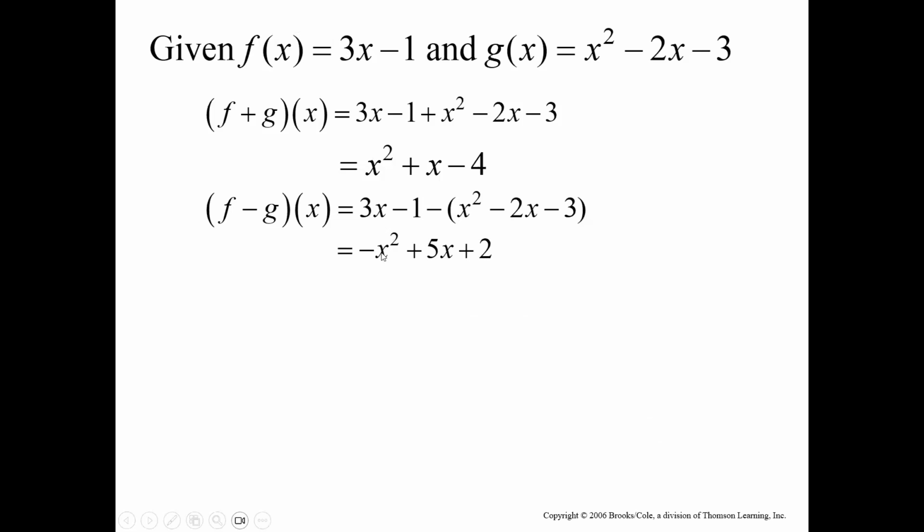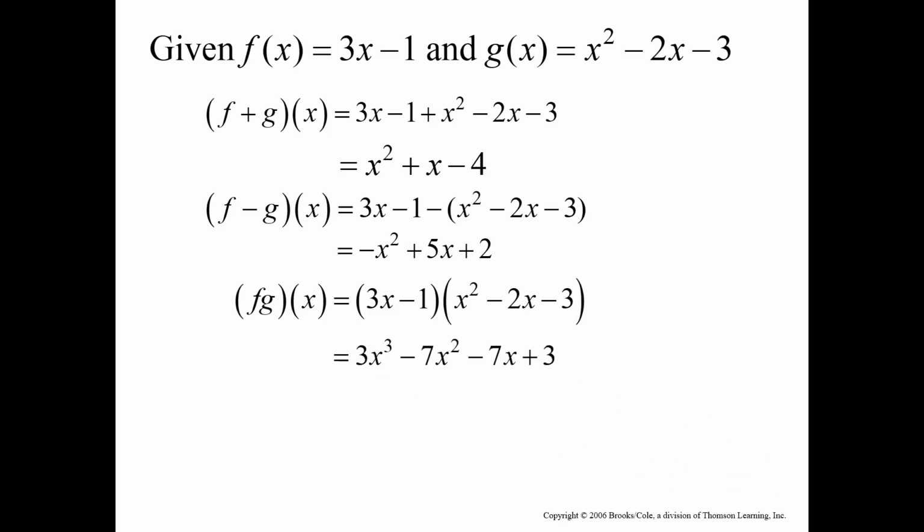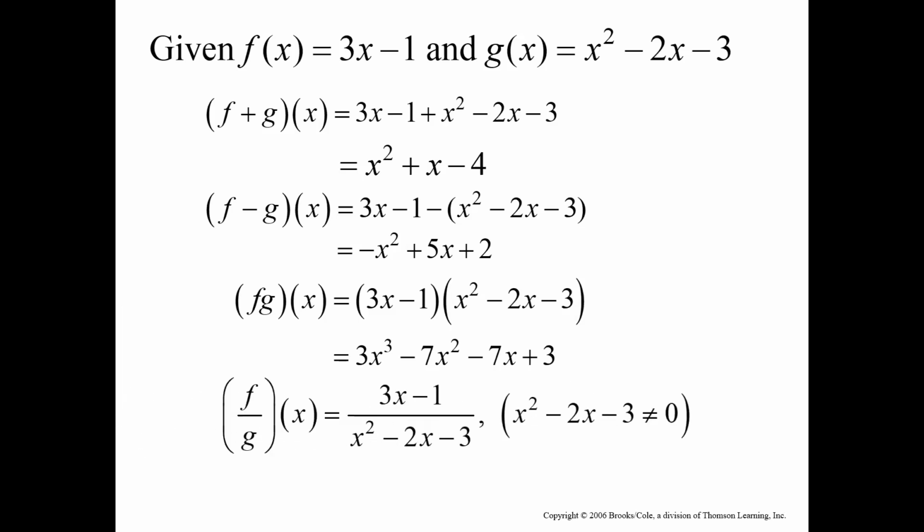So this function reduces to negative x squared plus 5x plus 2. And that gives you the difference of the functions. And then the product of the functions too, you must multiply them one by one. So this example helps us to know that we can add them, we can subtract them, we can multiply them.